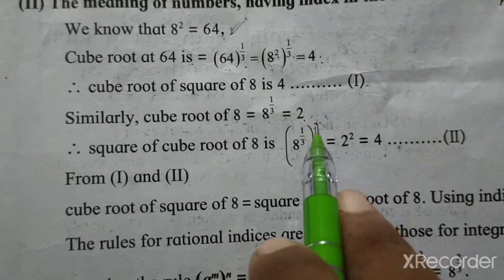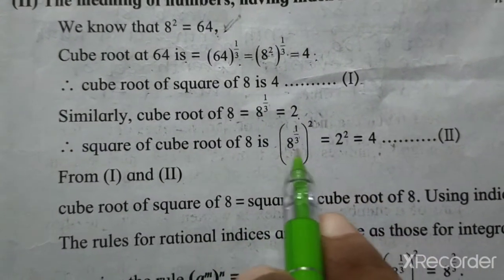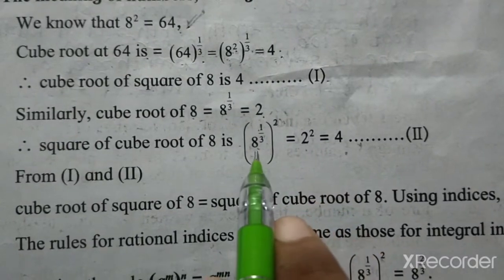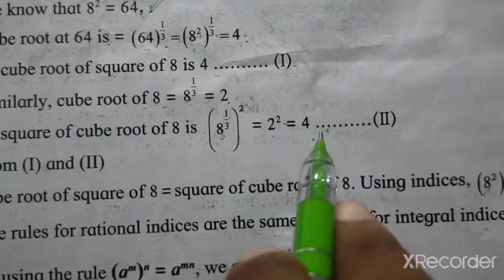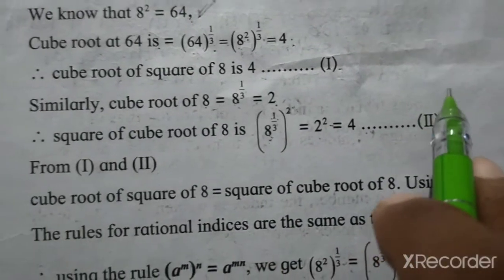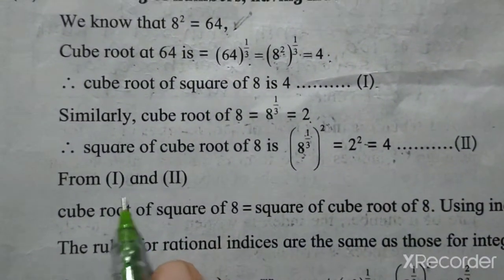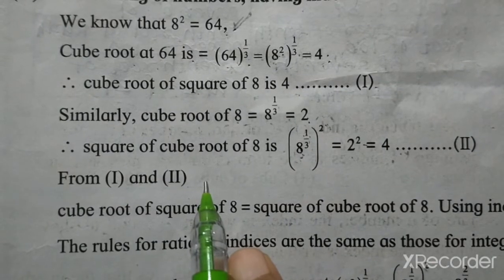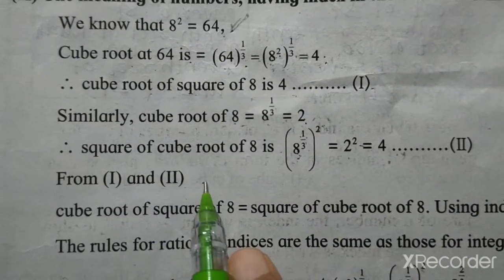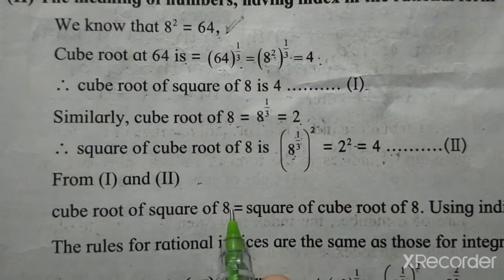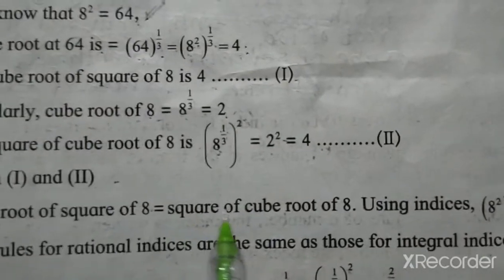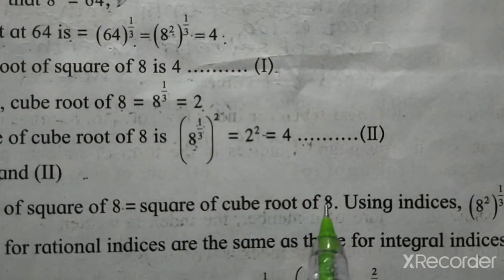Look here, the cube root of 8 is 2, so 2 squared is equal to 4, equation number 2. So from equations 1 and 2, what do we get? Both the equations are equal. The cube root of the square of 8 is equal to the square of the cube root of 8.